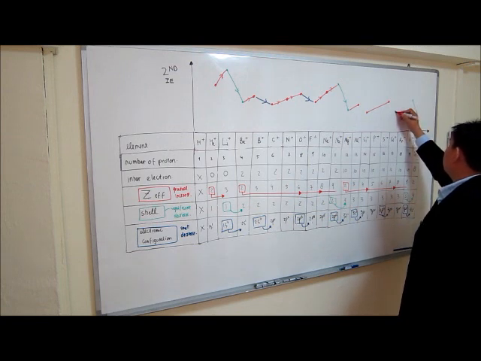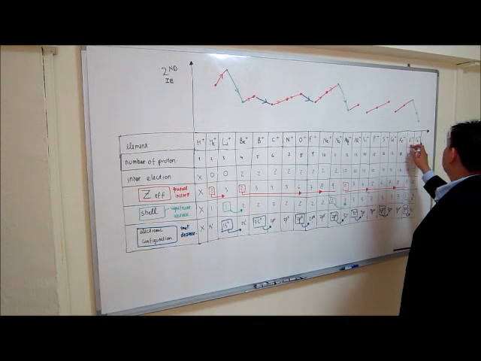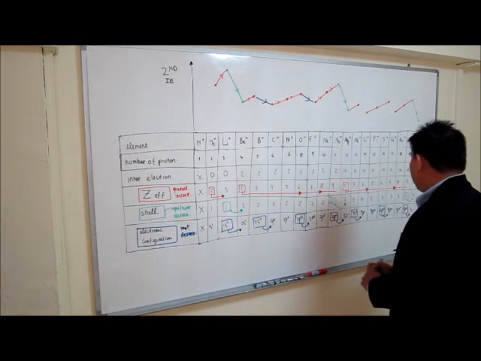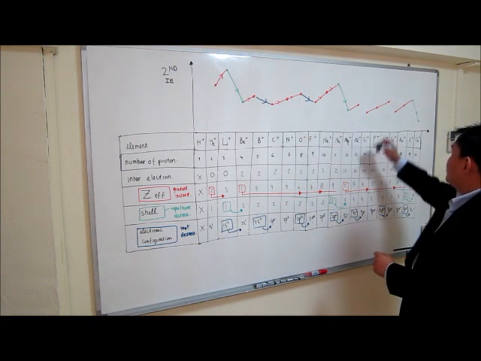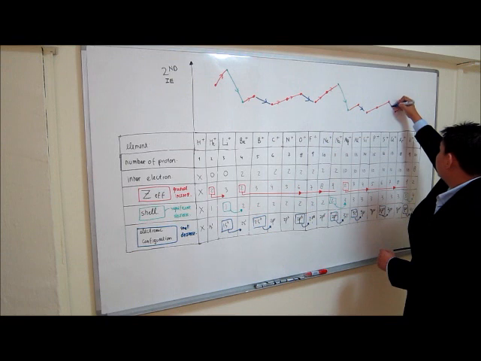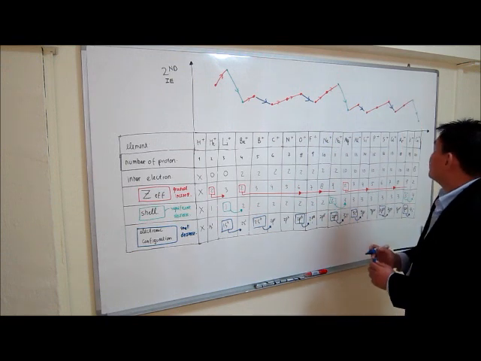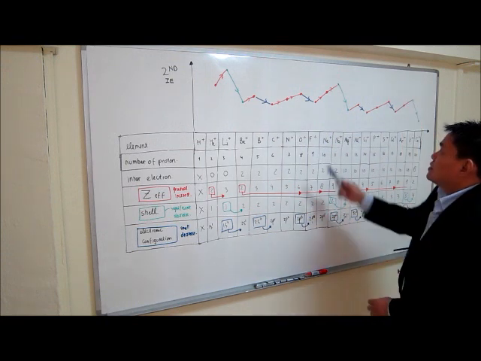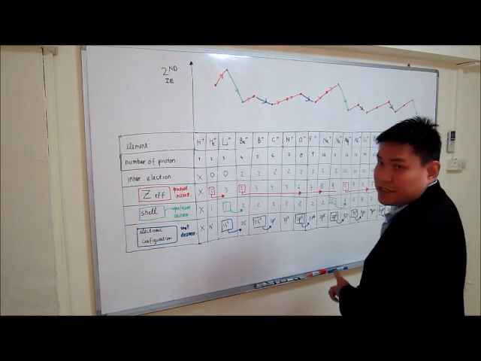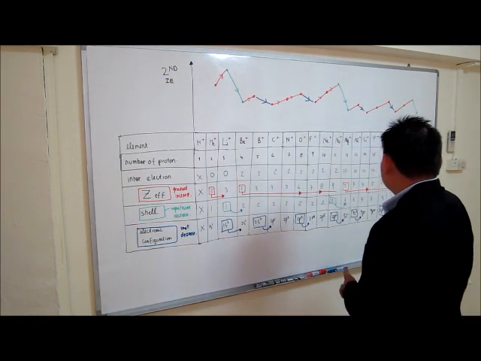Also gradual increase from chlorine to K+. And there will be a gradual decrease from aluminium to silicon, and also from S+ to Cl+. So this is how the second ionization energy graph looks like.